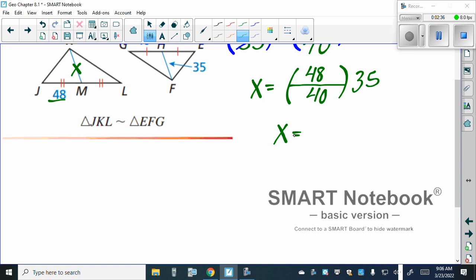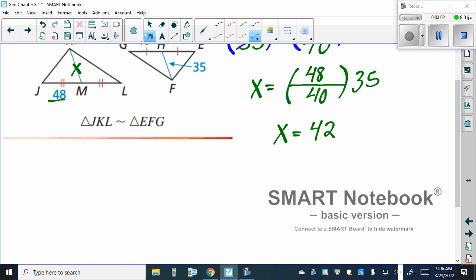Now at this point, we can really just type this into the calculator to get the answer. And if we type it in, we get what? 42.